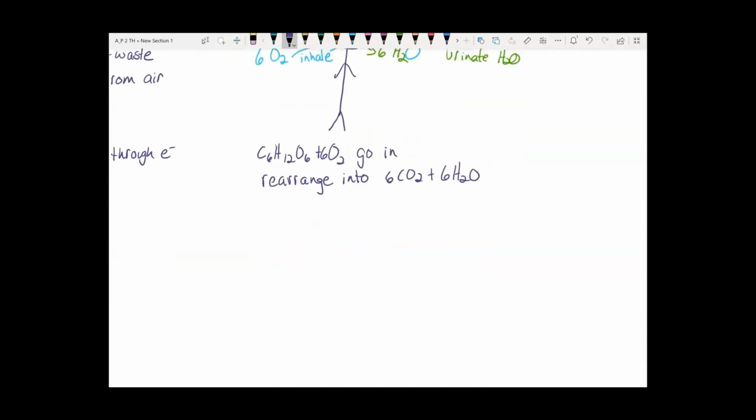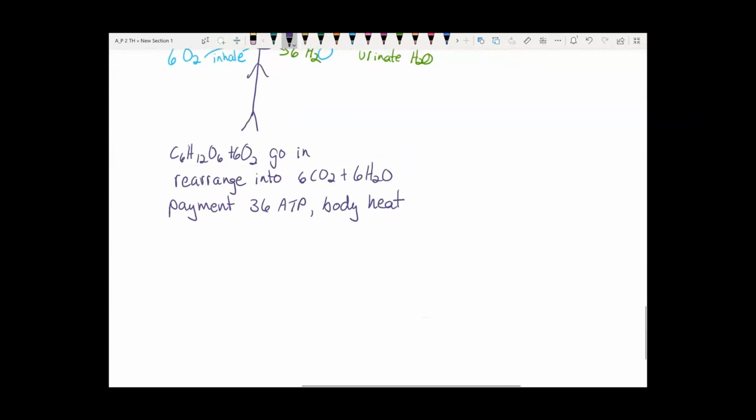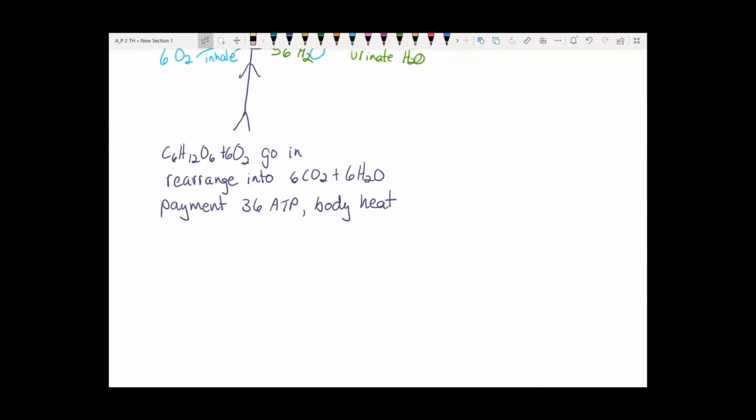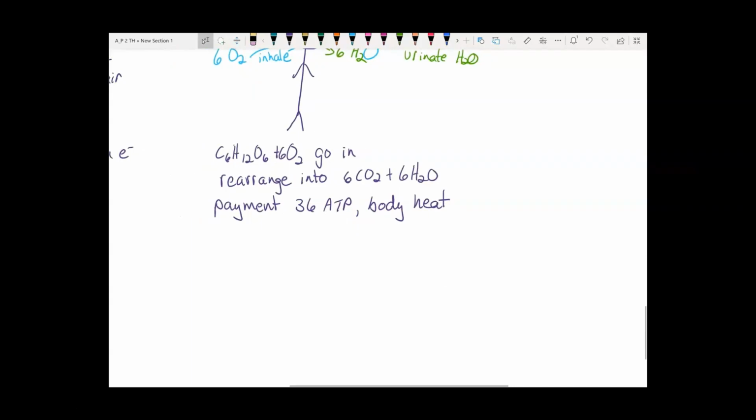Your payment for doing this rearrangement is 36 ATP and body heat. So this is what's commonly referred to as your metabolic rate, how fast you do this.